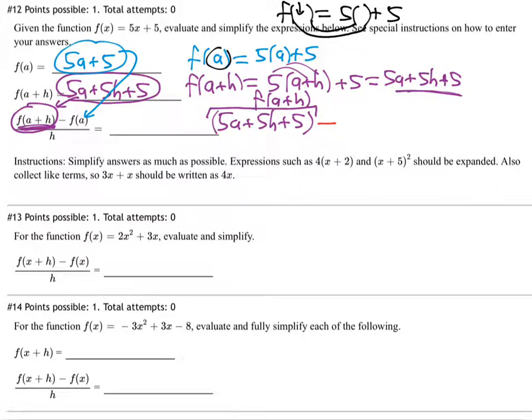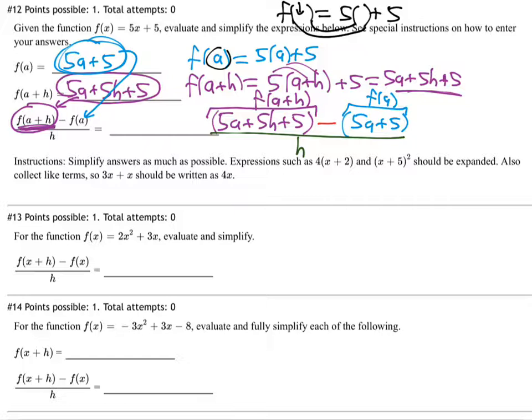Subtract, and then they want f of a, which is right here. 5a plus 5, and then that's all over h.